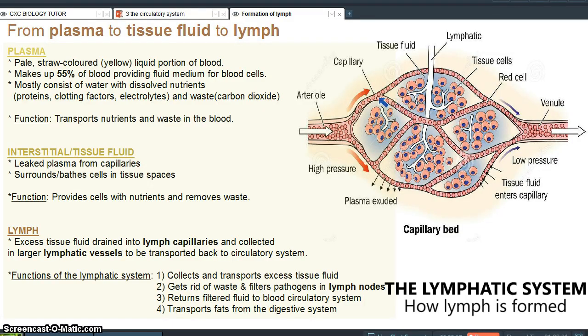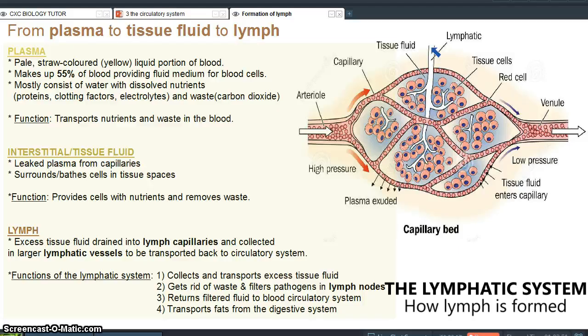Once that plasma in the blood leaks out into the tissues and bathes the cells, it is known as tissue fluid. So that's what you're seeing here. The tissue fluid is surrounding all these various cells of the tissue. Once the tissue fluid offloads the nutrients, depositing them to the cells, the excess tissue fluid ends up draining into the lymphatic capillaries, and then into the lymphatic vessels.